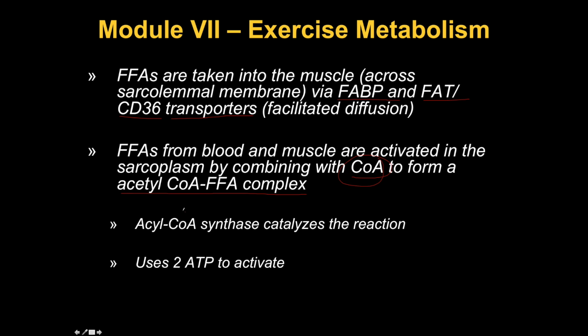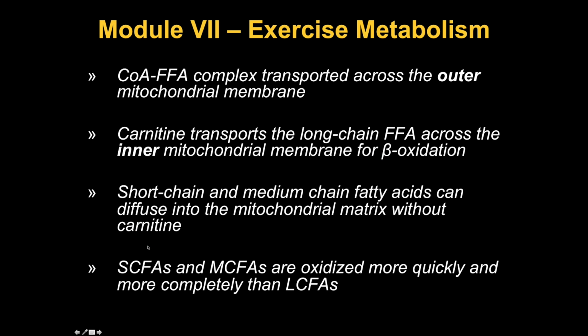So acyl-CoA synthase is what's going to catalyze this entire reaction. And the bad news here is that we take up 2 ATP in order to activate this, but in the long term, we're going to get a lot of ATP, as we saw in the previous lecture, from utilizing free fatty acids for energy.